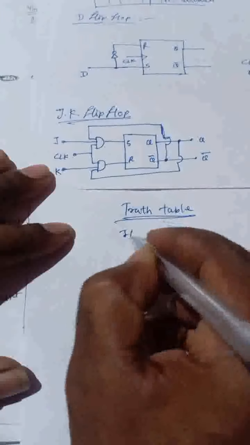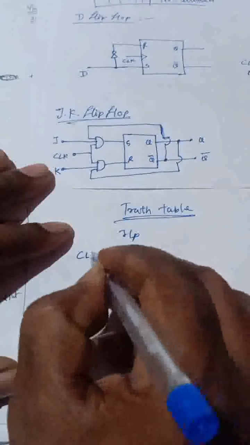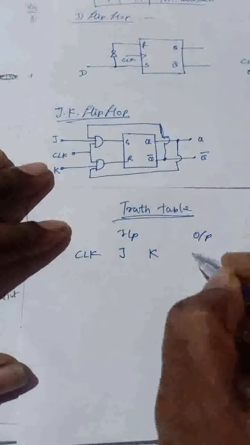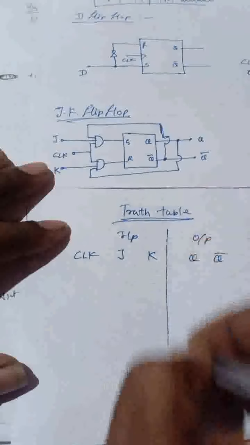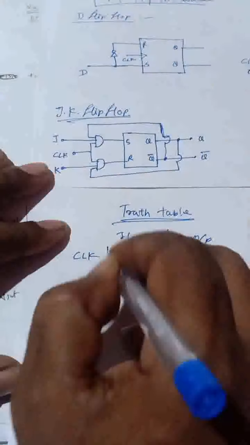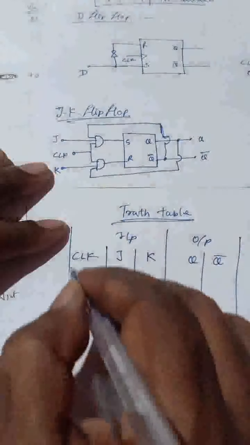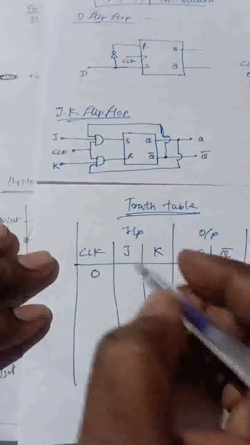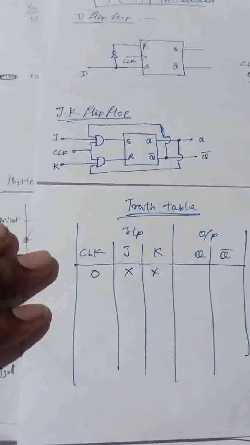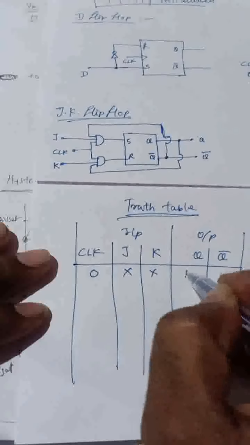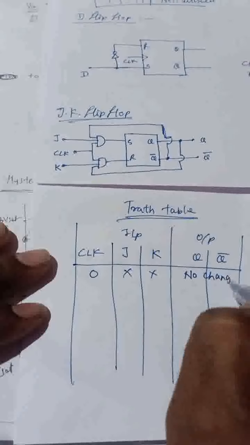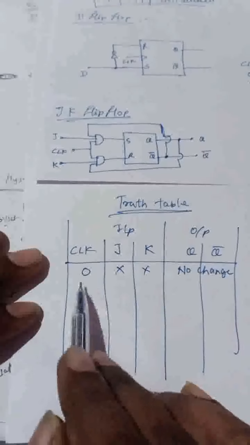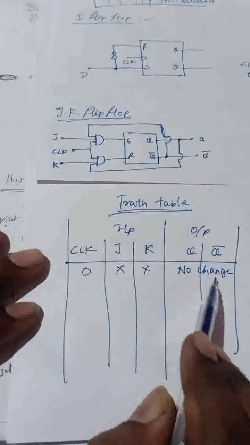It has inputs clock, J and K, and outputs Q and Q bar. If clock is 0, it is a don't care condition, so there is no change, because when clock is 0, whatever the J and K, it is not transferred to the output.